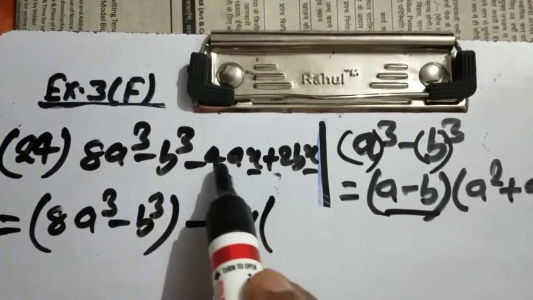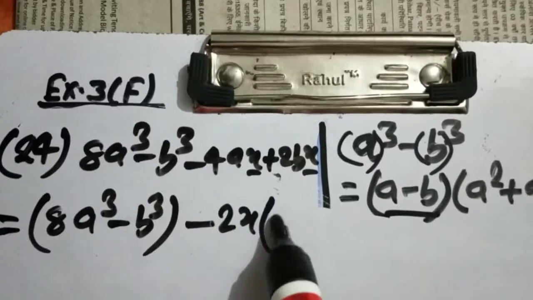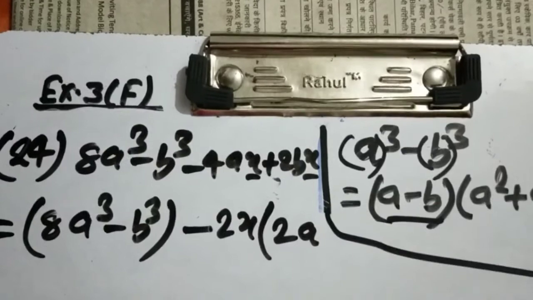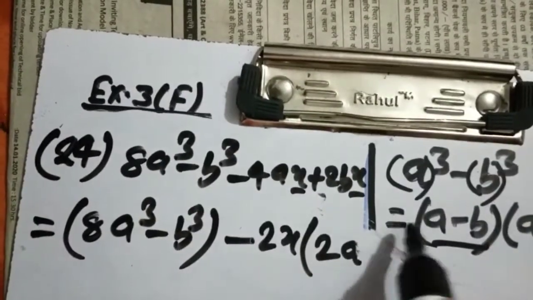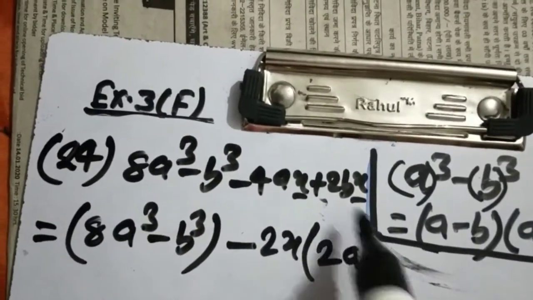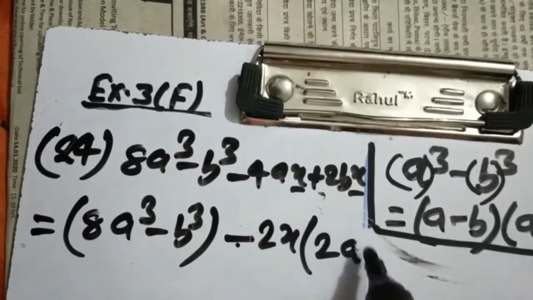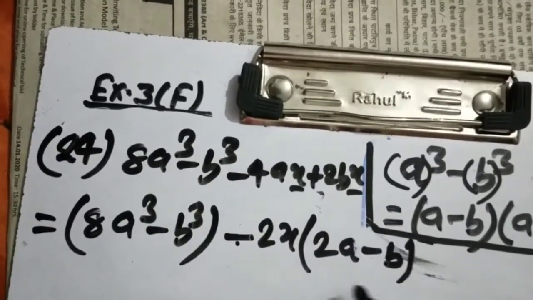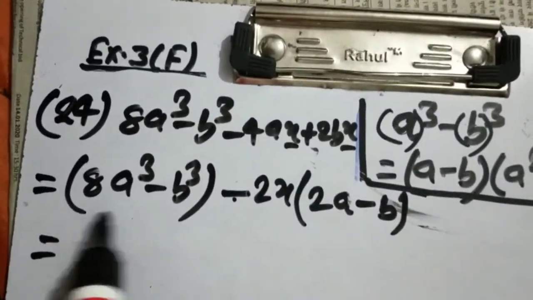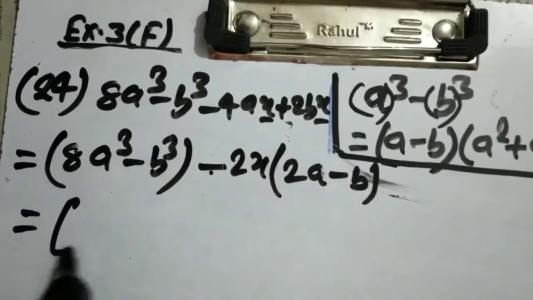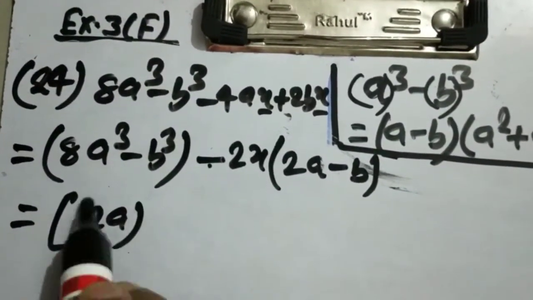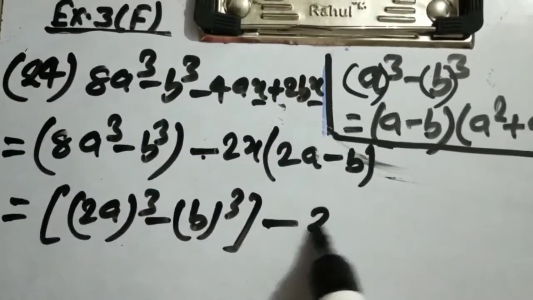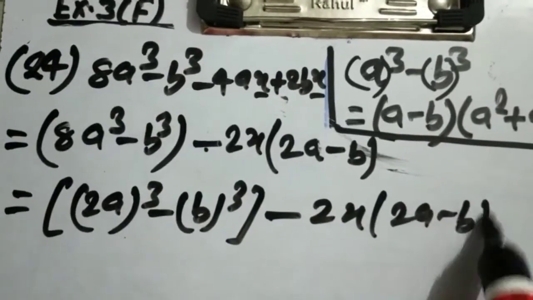So in the bracket we are left with 4 divided by 2 will be 2, and x is common, so a will be left here, and then here minus multiplied by plus will be minus, and 2x is common, so b will be left here. Okay, now this can be factorized based on a cube, that is 2a the whole cube, and minus b the whole cube, and this remains the same, 2x (2a minus b).